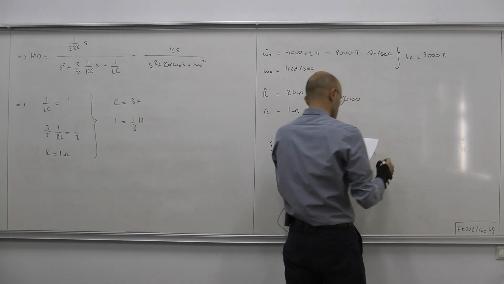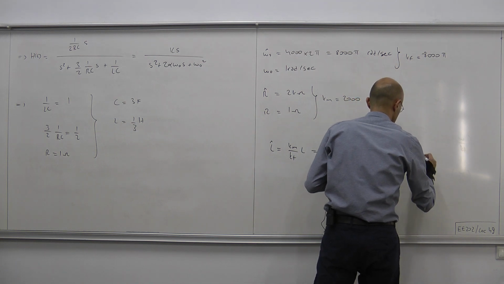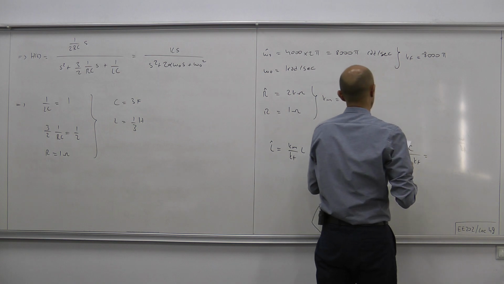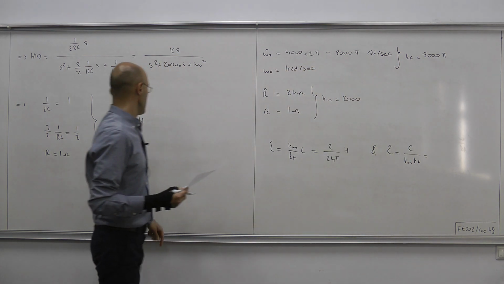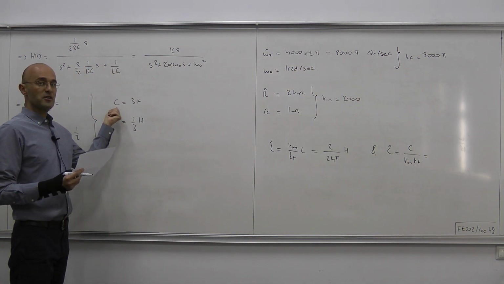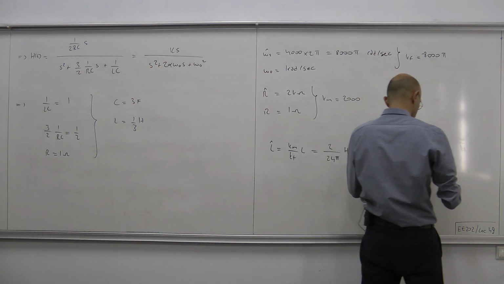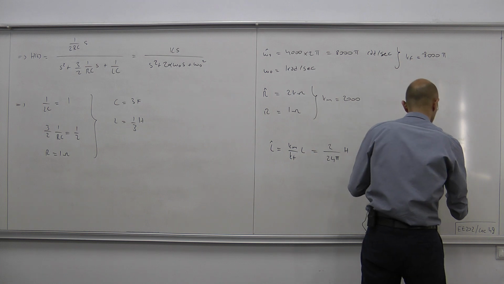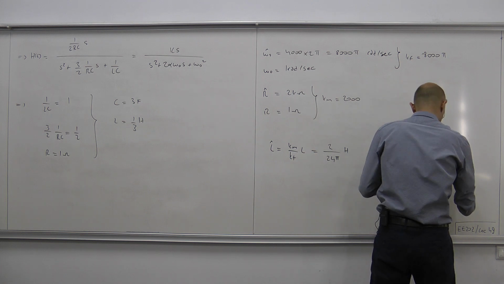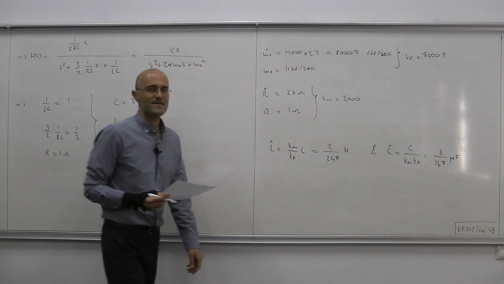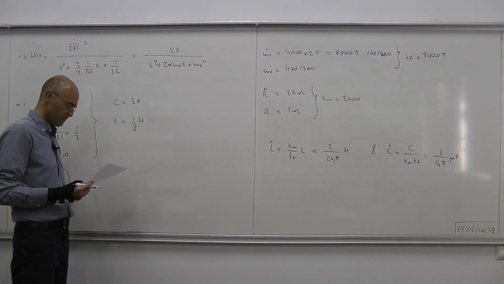What else? C hat equals the initial C divided by Km Kf. The initial capacitance value is 3 farads, and after scaling, this becomes 3 over 16 pi microfarads. And that's the end of our design.